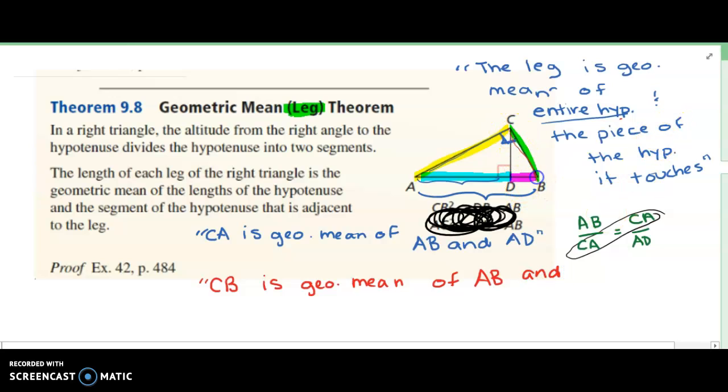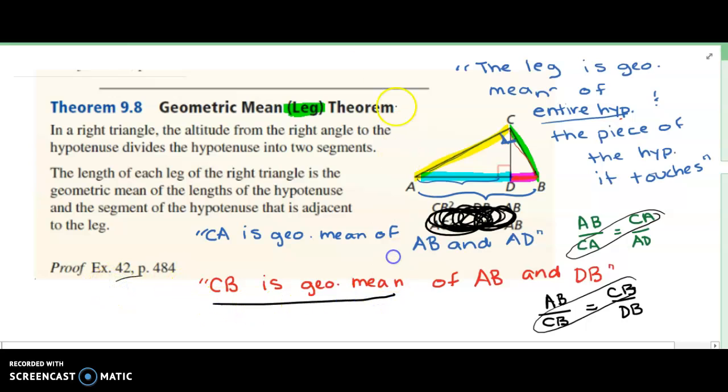So we're talking about CB, the piece it touches is right here, DB. And because of that, we can write a proportion that AB over CB equals CB over DB. And once again, here's my geometric mean. CB is the geometric mean of my two numbers, AB and DB.